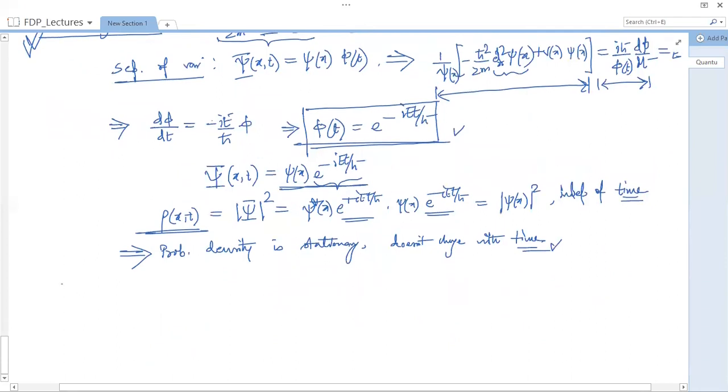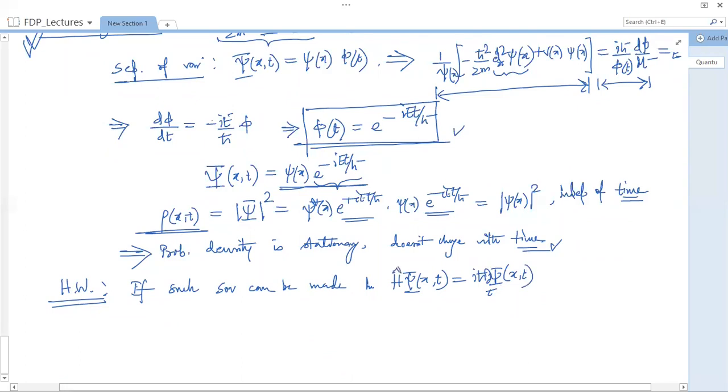So it's a homework. If such separation of variable can be made in H psi of x,t is equal to iħ times the time derivative of psi of x,t, and this H is some general operator, some Hermitian operator, and I'll talk about what is a Hermitian operator.